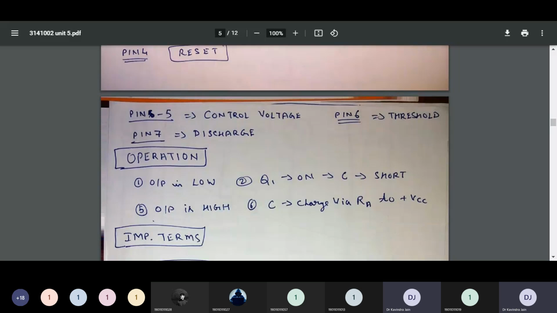Step number 6: C is charging up towards plus VCC through RA.